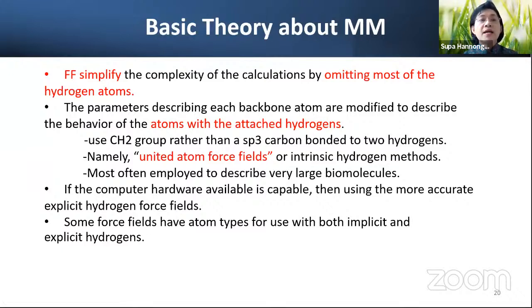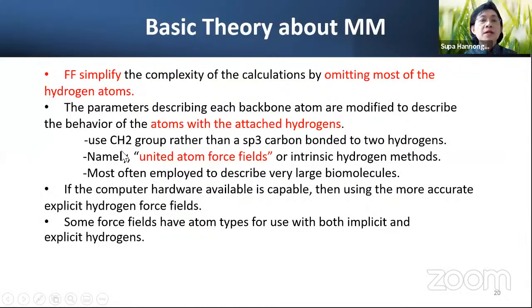You have to take care about the force field because of its simplicity, okay? The complexity of the calculations is reduced because they omit most of the hydrogen atoms, okay? And the parameters describing each backbone atom are modified to describe the behavior of the atoms with the attached hydrogen.